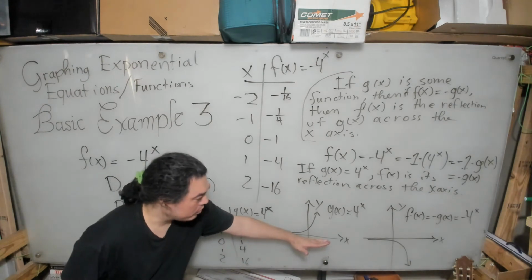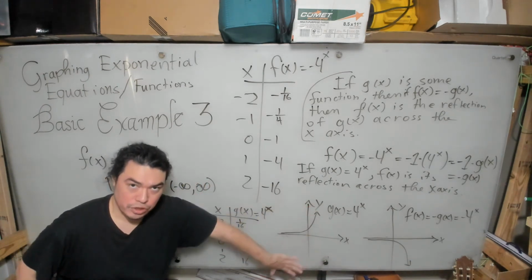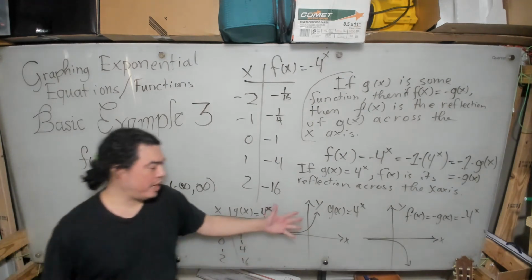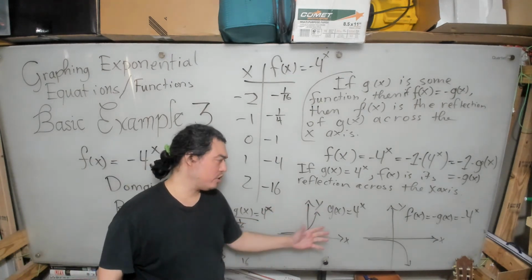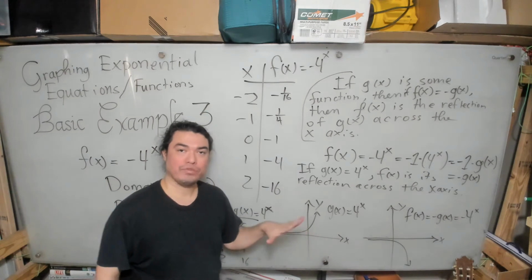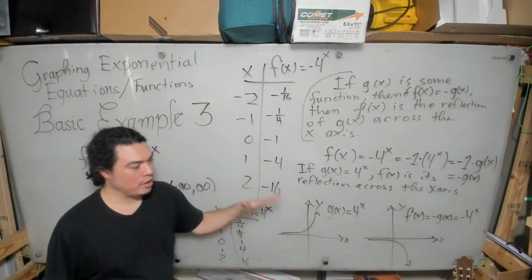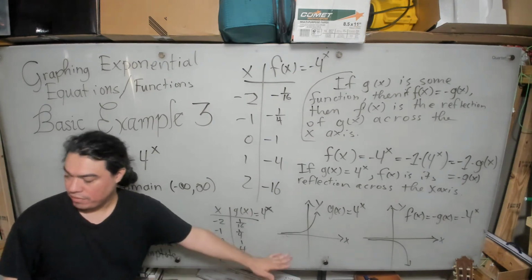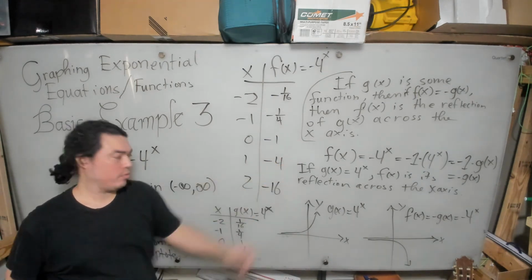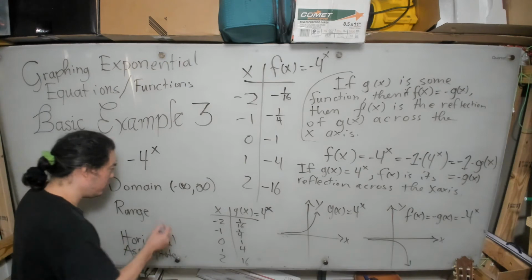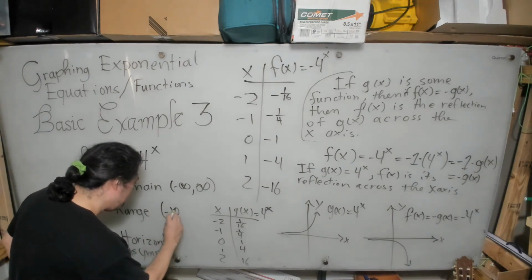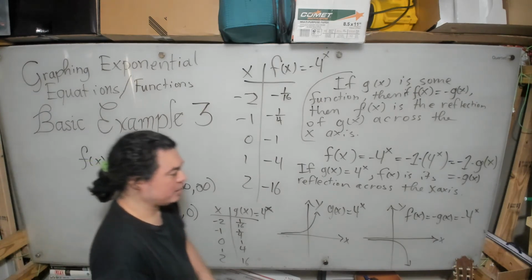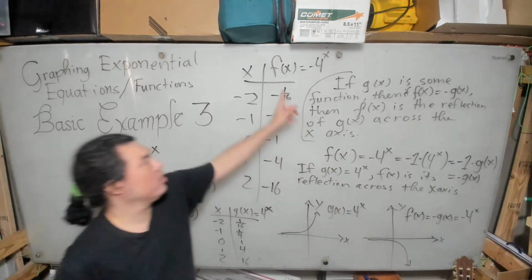So there are several things I want us to notice about this. First of all, if it is the reflection across the x-axis, then the range, which in the case of 4 to the x was from 0 to infinity, will now be from negative infinity all the way up to 0. So that's going to be our range, because of course this is the graph that we're looking at.